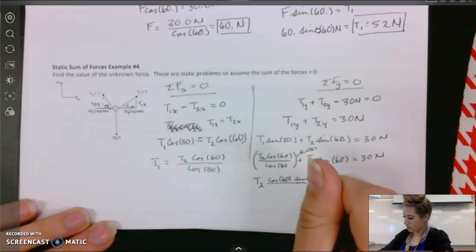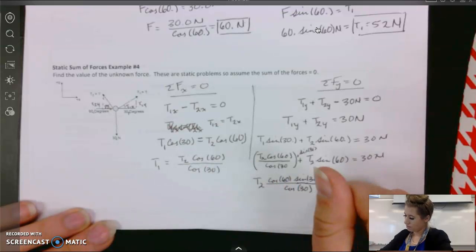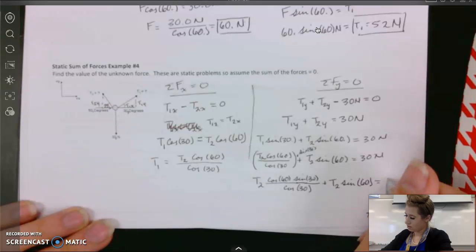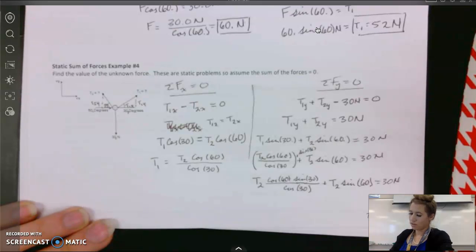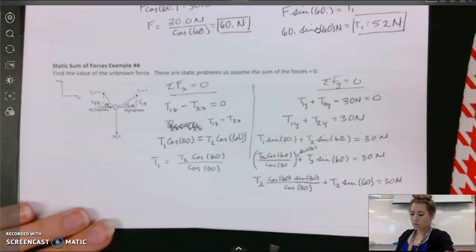Sine 30 divided by cosine 30 plus T2 sine 60, that's going to equal 30 newtons. Okay? So now all we have to do is factor out T2.